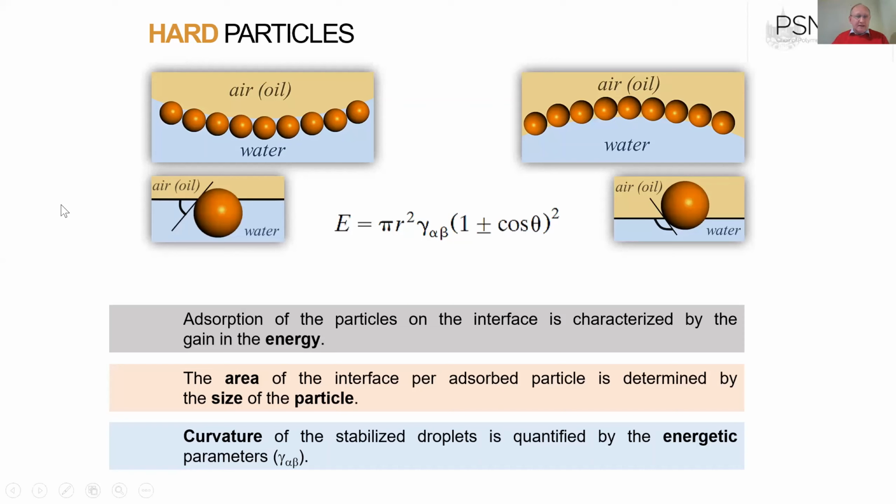So the liquid where the particle is immersed more stabilizes a concave curvature, concave shape, and vice versa. But definitely, if we want to create stimuli responsive emulsions, solid particles are probably not the best candidate, because most of them are inert.